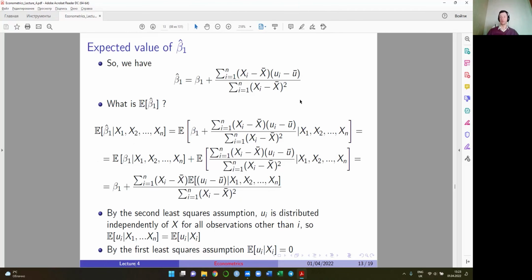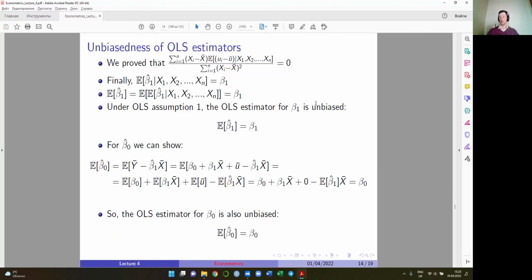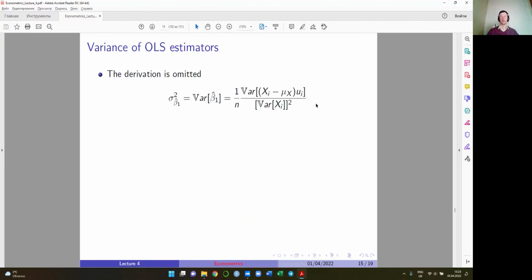So it would be nice if you know where to look for it. But for variances, it's a bit complicated, so I just show you the formulas, how the variance of beta 1 hat looks like and how the variance of beta 0 hat looks like. Here we have the term h_i, which looks like this.